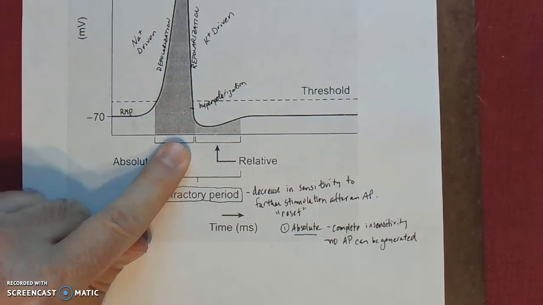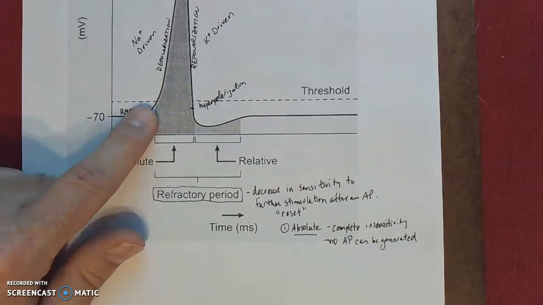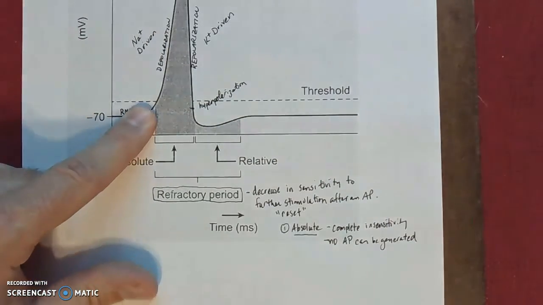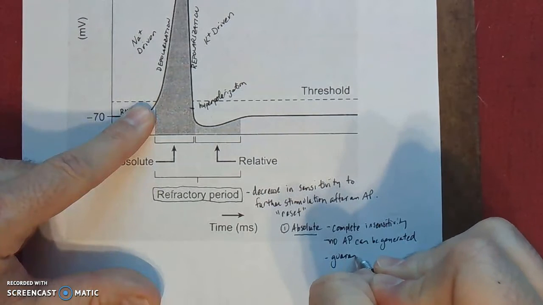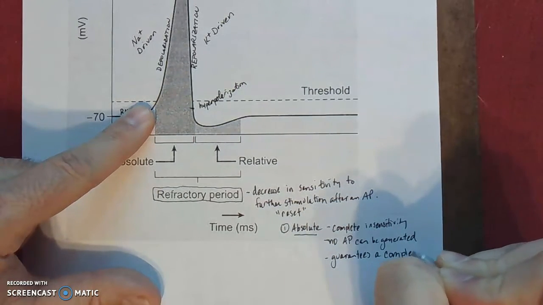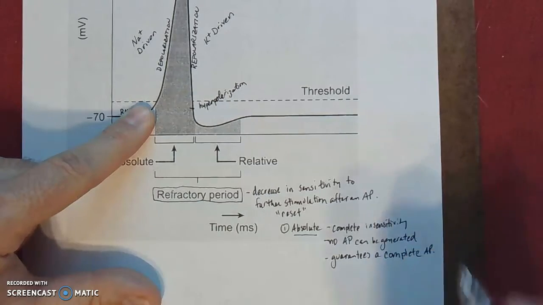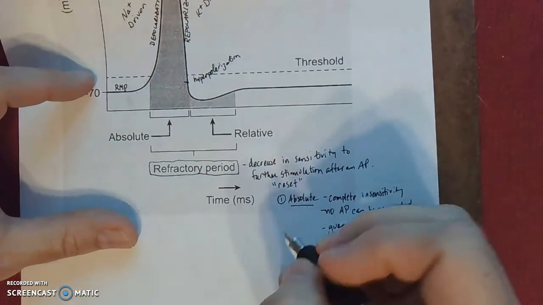We cannot generate another action potential during this period because everything is functioning. This guarantees a complete action potential. So remember, it was all or none. So this helps us with our all or none principle.